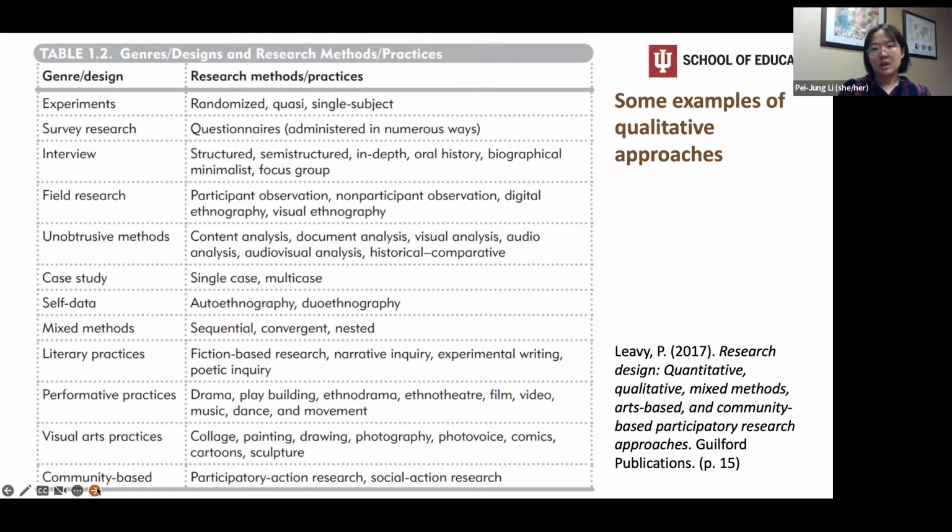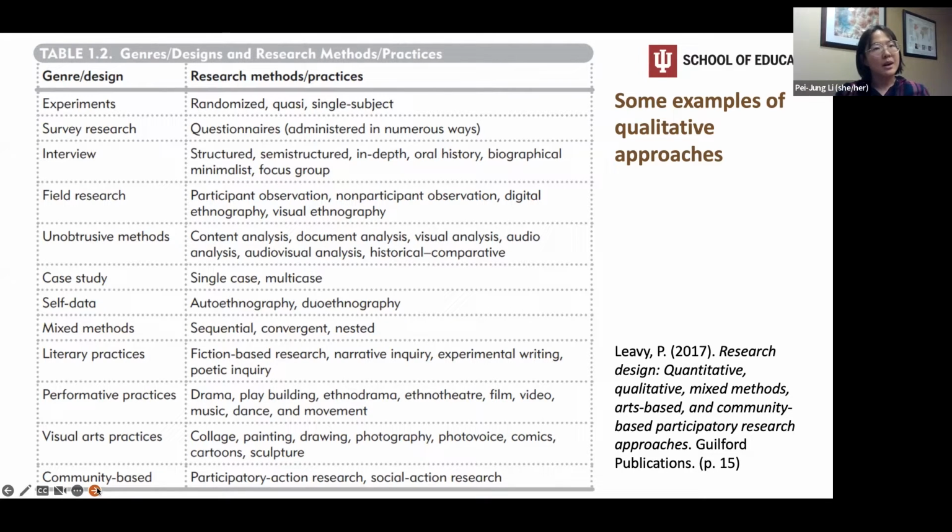So some examples of the qualitative approaches include, for example, if you are adopting experimental design, then you will definitely try to reach out to your participants in a more randomized way, or you could engage in quasi design or single subject design, and so on and so forth. And if you are conducting a survey research design, you will definitely have questionnaires.